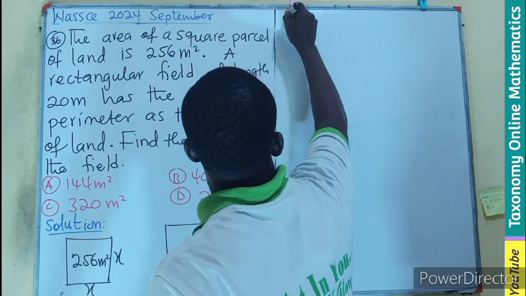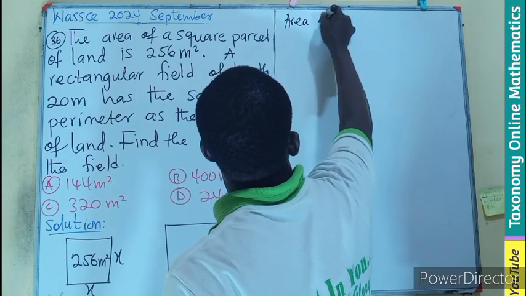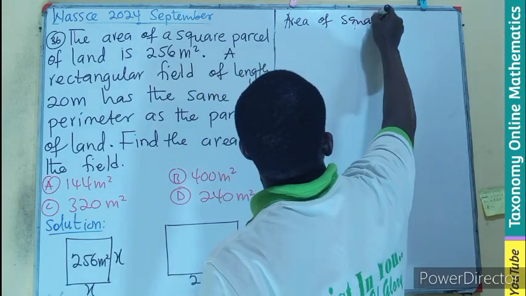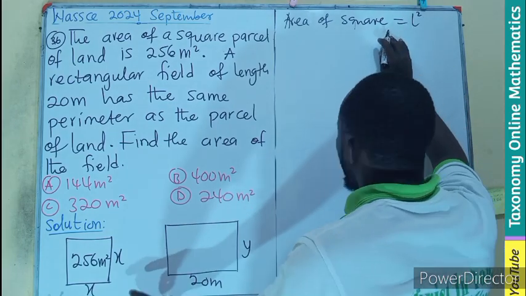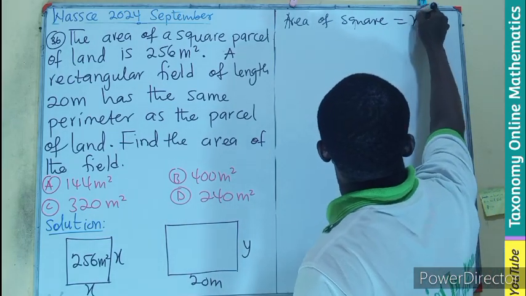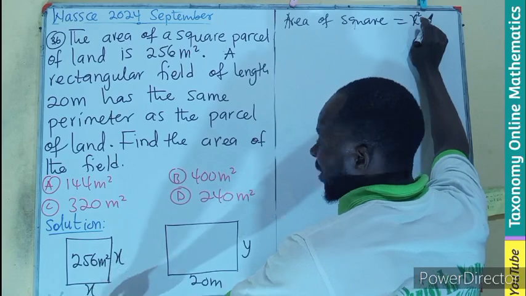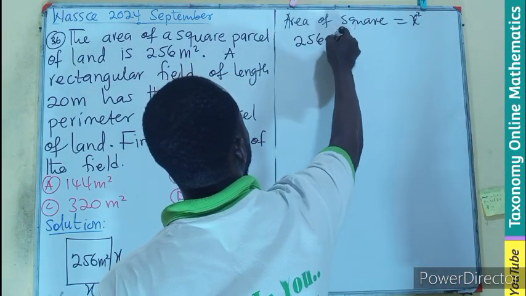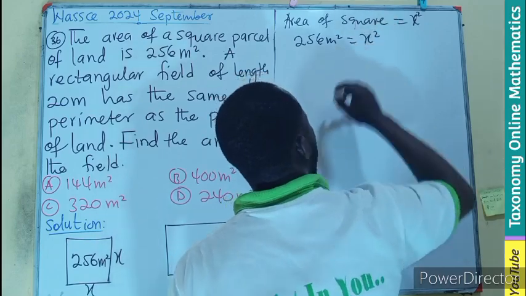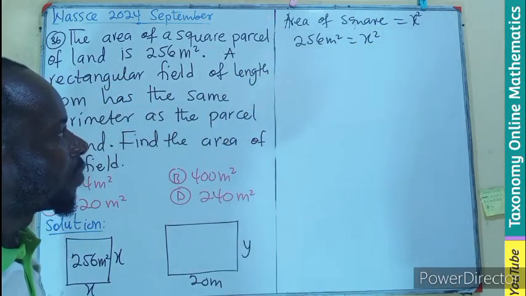So we know area of a square is equals to L square. Okay, in this case, let's say x square, length times length, right? So the area is 256 meters square equals to x square.